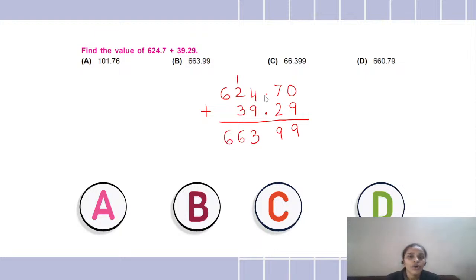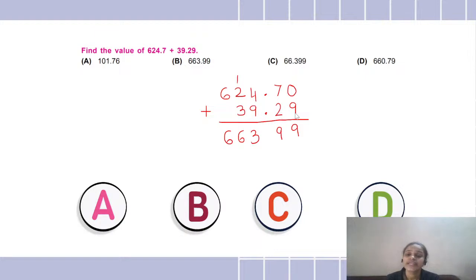Now I hope you all know that in decimals, when we are adding or subtracting, we put the decimal point after the number of digits where the decimal comes in. We don't have to count the total number of decimal digits, which we do in multiplication.